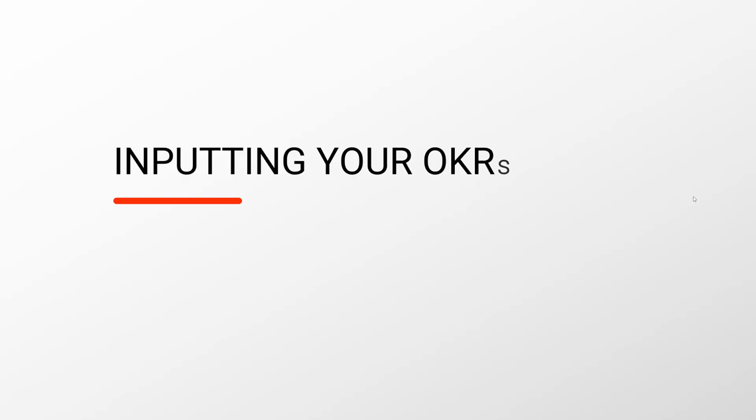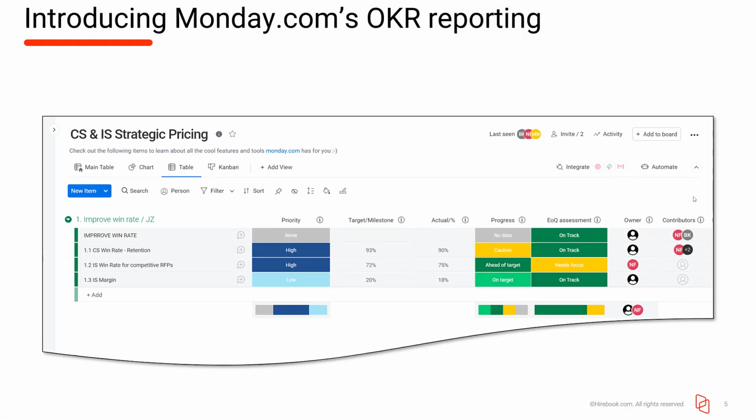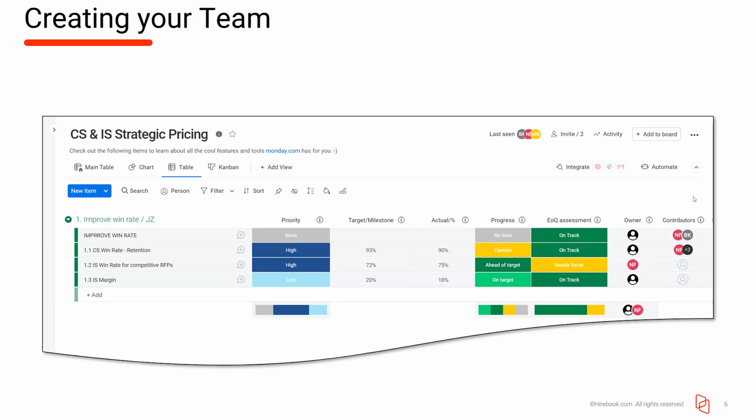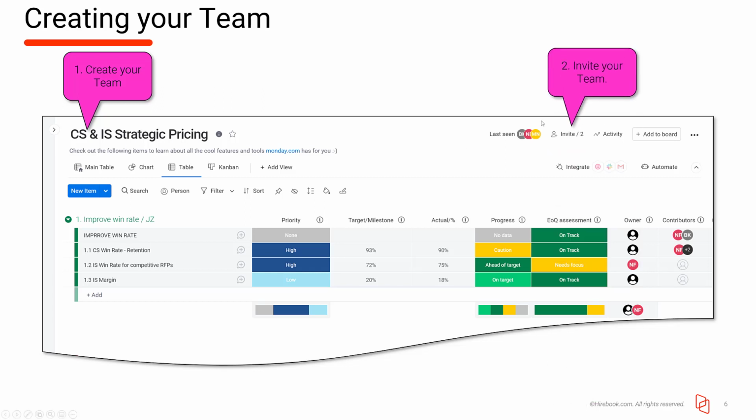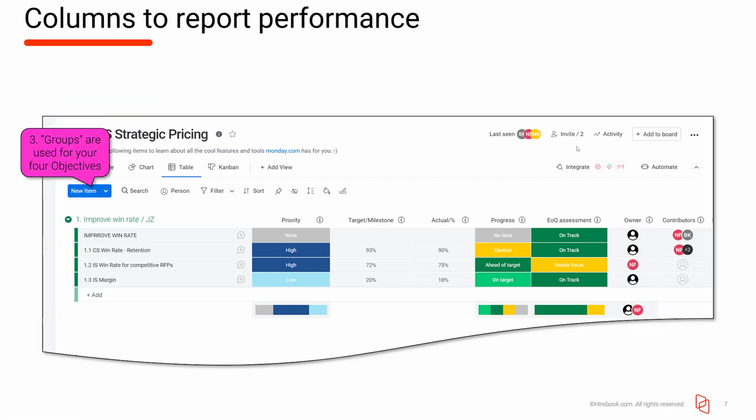Now, to input your OKRs, we're going to end up with a structure that looks a bit like this, and I'll just walk you through it. So to begin with, what we want to do is create your space for your particular team, and invite your team members into the space. Then what we're going to do is use this area to create each of your objectives.